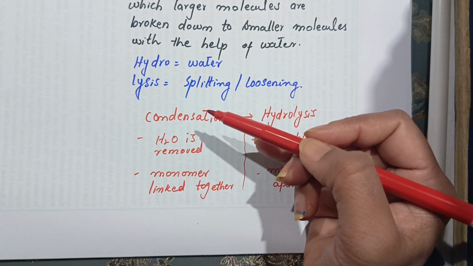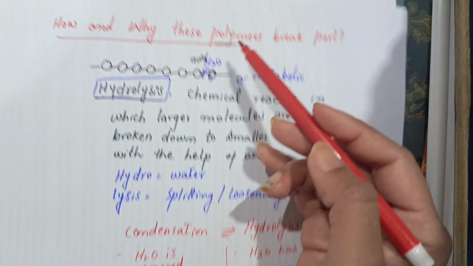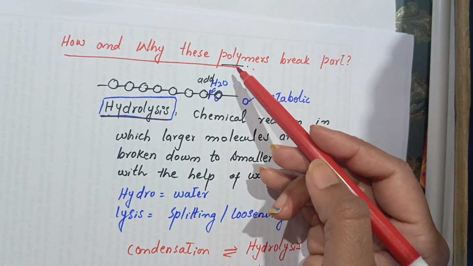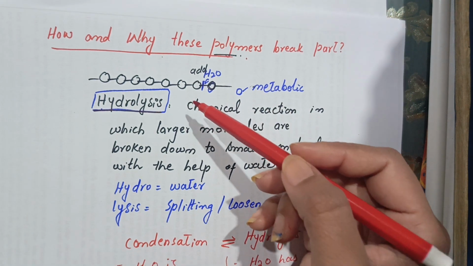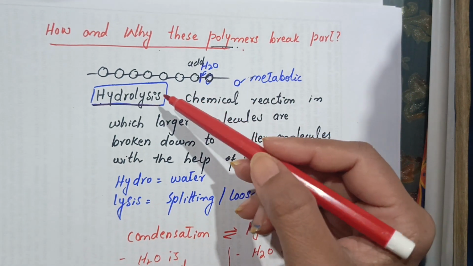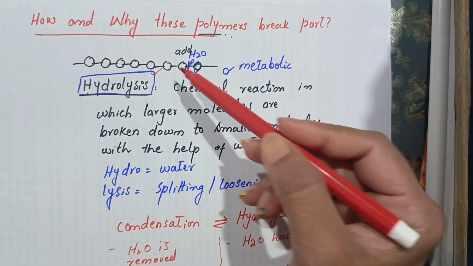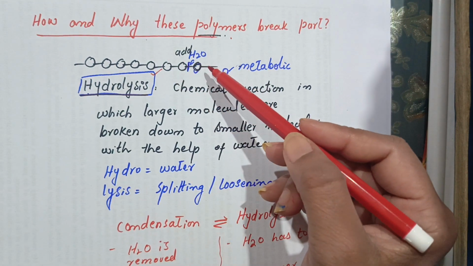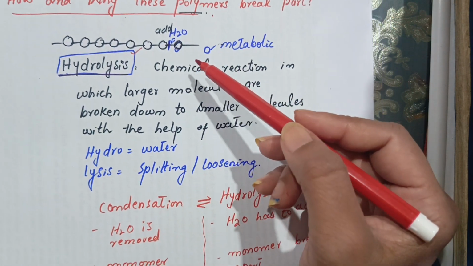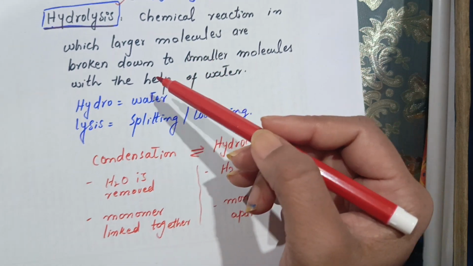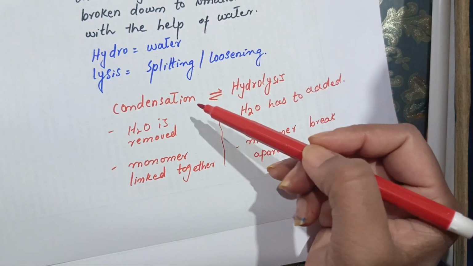If we talk about lysis or the breakdown, how these polymers break apart and release the monomer structure, the chemical process utilized in the living organism's body is hydrolysis, because during hydrolysis the larger polymer molecules break down with the addition of a water molecule. Here we can see that water is added and the monomers are released.